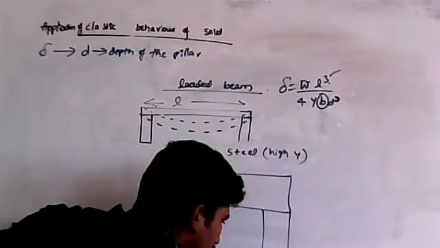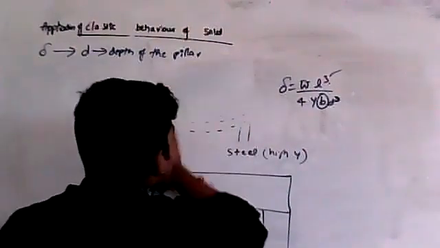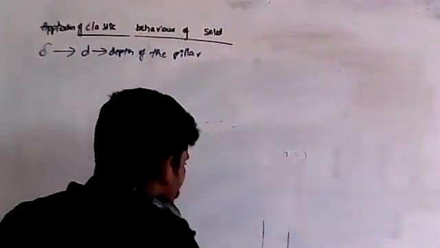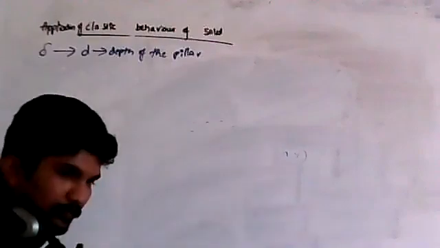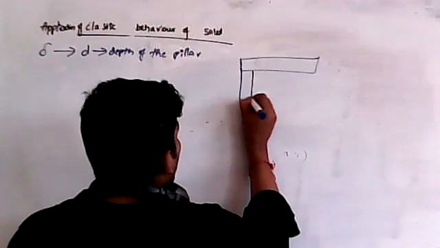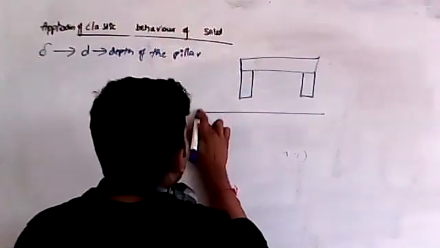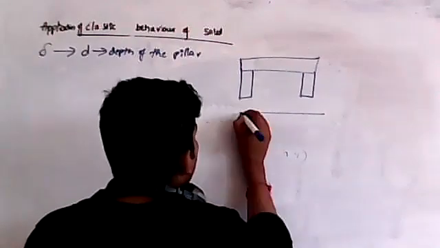Why is it like this? Let me write here. Let me construct two types of bridges. Now tell me what will happen in this case.